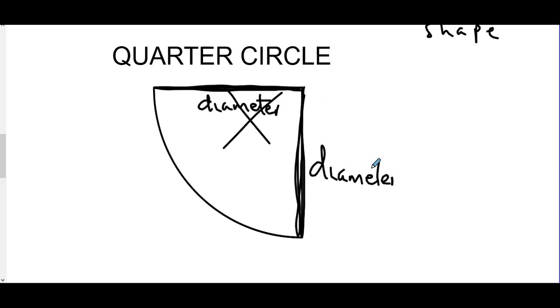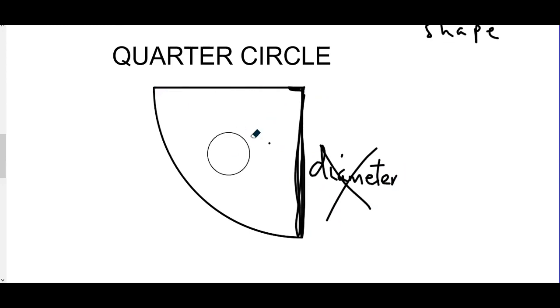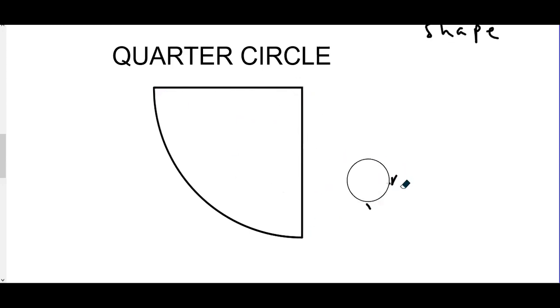Can you pause this video and tell me what these 2 flat parts are? I have already said that they are not the diameter. Guess, what are these 2 parts standing for? Now pause this video to guess.